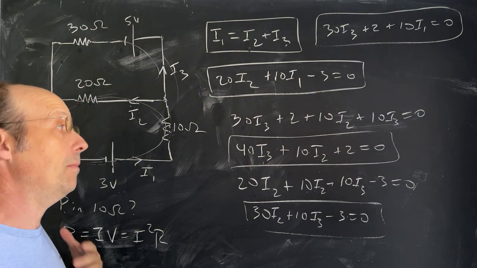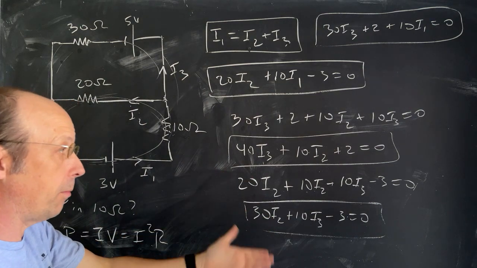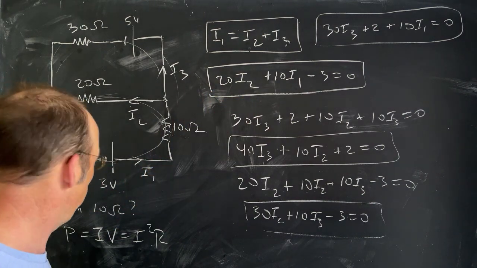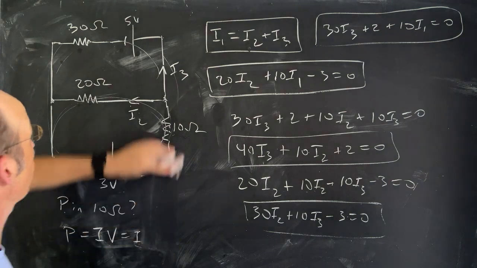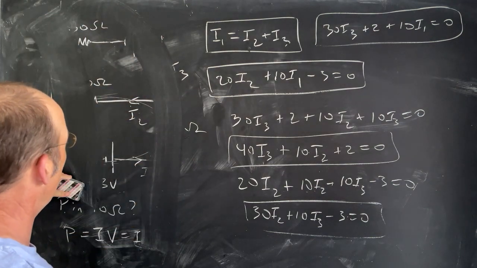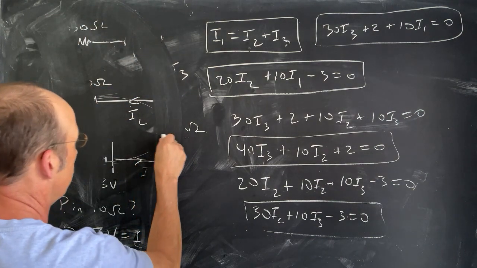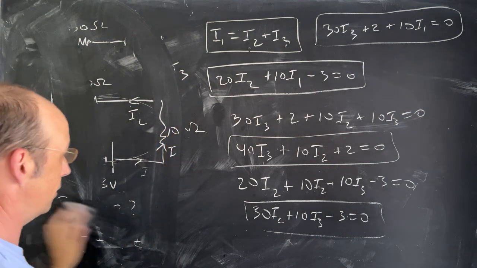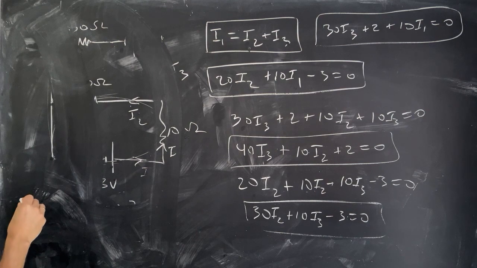Now I'm going to do the same thing. I need to solve one of these for a variable and substitute it into the other one. So let's run out of room. I'm going to erase this. Oh, that was a bad idea. Let's keep that I1, 10. Okay, let's just erase this. So I'm going to put those 2 equations over here. 40 I3 plus 10 I2 plus 2 equals 0.